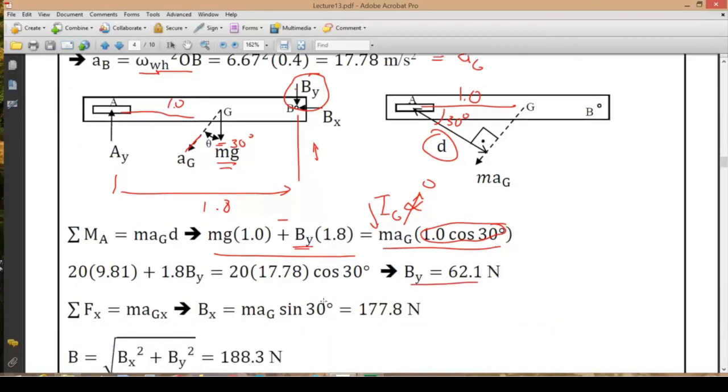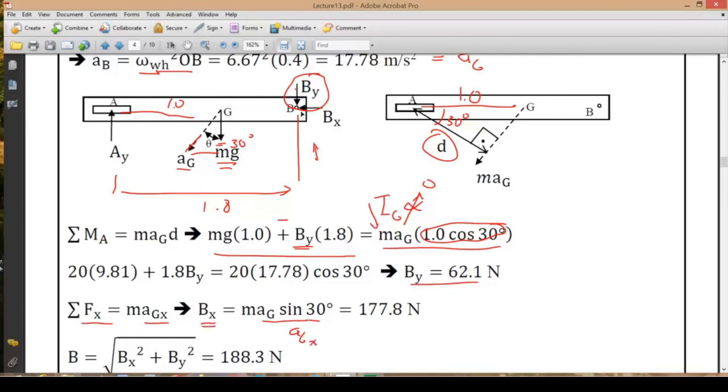Then we write out an equation along the direction of x for the force, and we need to find the x component of this acceleration, which is going to be in the horizontal. So we use sine 30 for that, m a_G sine 30. This is a_Gx. And BX is the only force acting in the horizontal direction.